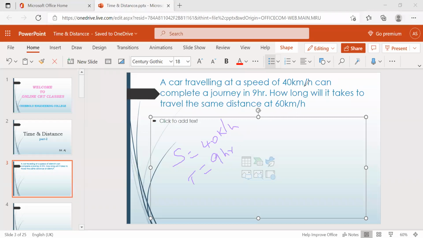See, both are in kilometer per hour and hours. And how long it will take the same distance at speed 60 kilometers per hour? That means they given another speed. Assume this is speed 1, another speed is speed 2, it is 60 kilometers per hour.